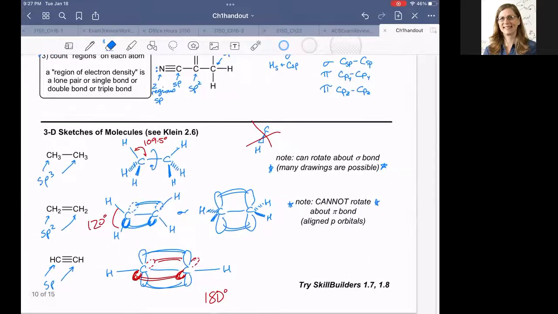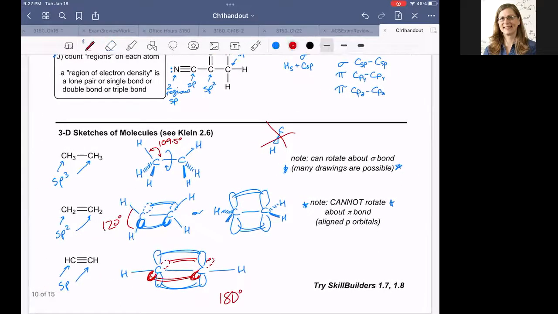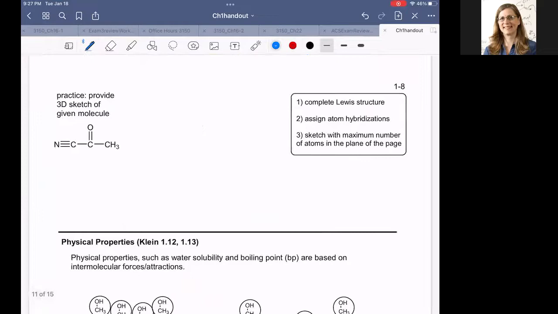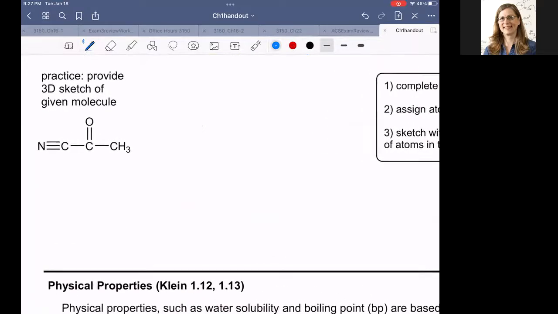Okay, so let's bring this all together to make a more complicated molecule. I think I left off a hydrogen atom here, sorry. What about this molecule? We saw this when we went to predict its hybridization. So remember what we did here, we made sure that every atom had a complete Lewis structure.